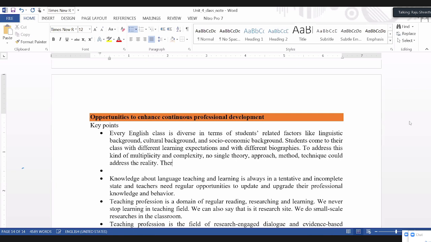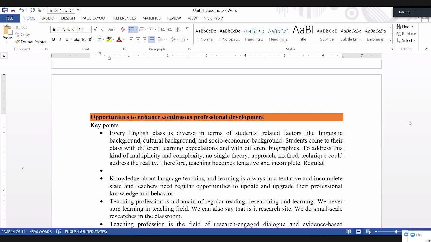Therefore, teaching becomes what? Teaching becomes tentative and incomplete. So exactly, perfectly, we cannot address the classroom reality. There is no single theory, approach, method, technique, or activity which could address the reality of the classroom. Therefore, teaching becomes tentative and incomplete.